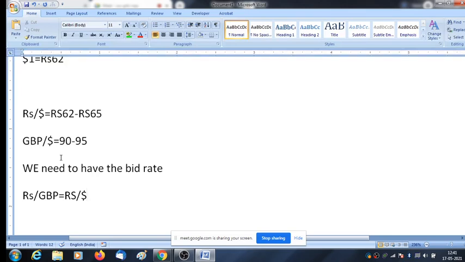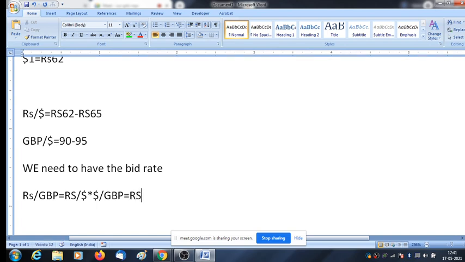In that case, we need to take the inverse of this GBP per dollar so that it becomes dollar per GBP. Inverse means I am taking the indirect quote. This is given in terms of direct quote, and I just take an inverse. So basically we are taking the bid rate.